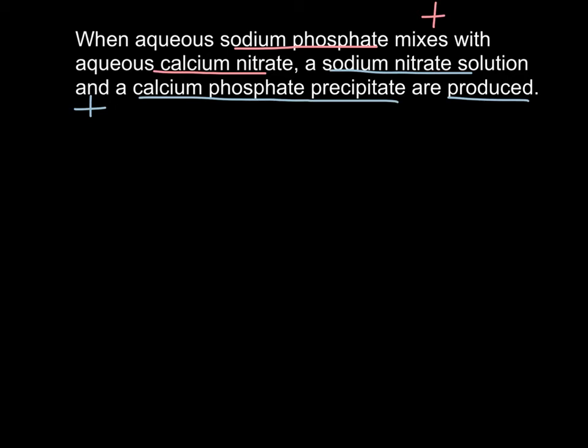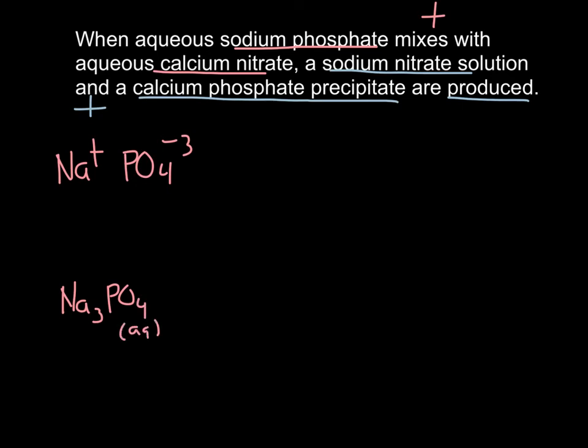Sodium here, guys, is a +1 charge. Phosphate is a -3 charge. When we crisscross, we're going to get Na3PO4, and that's aqueous. And that mixes with, that's our plus sign, calcium nitrate.